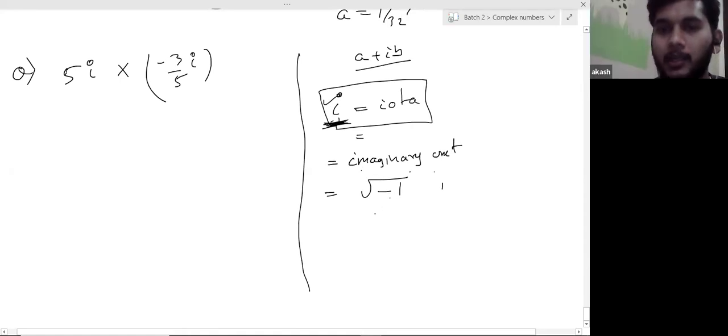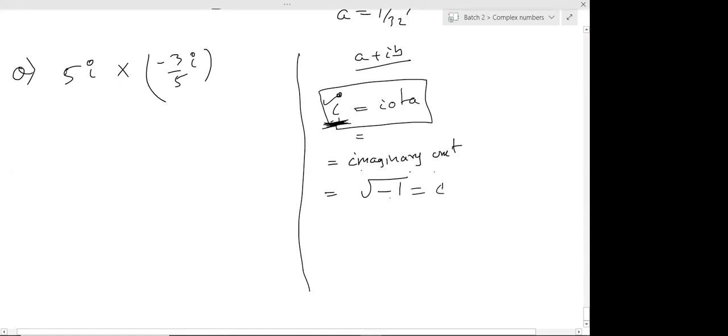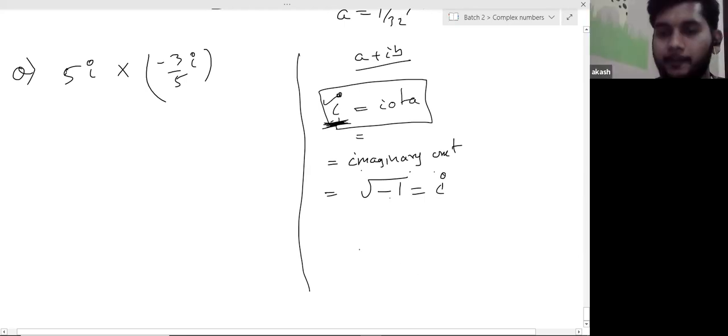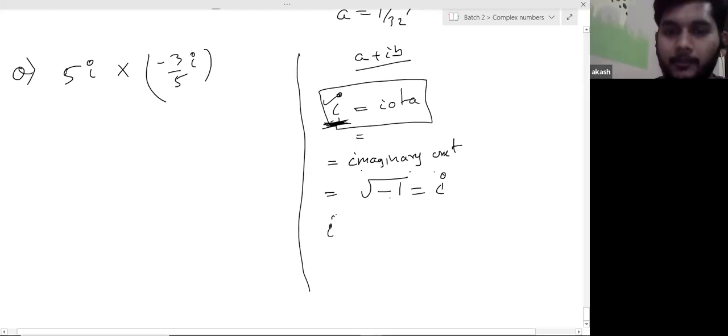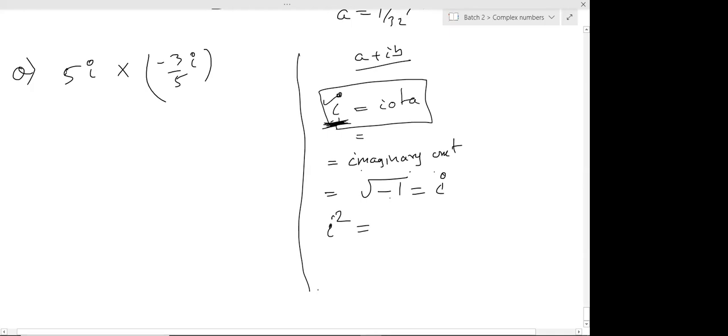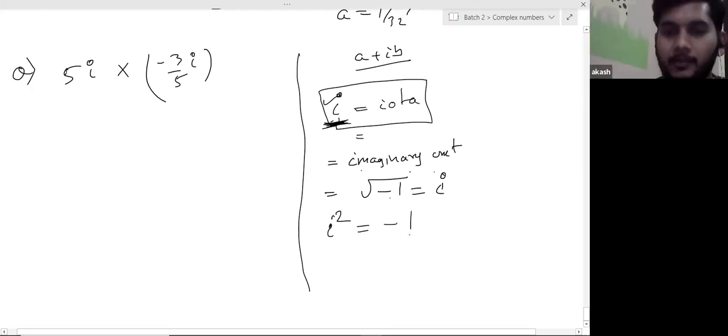The value is under root -1. This is known as iota. All right. And what else, Atisha? The value of i square is -1. Absolutely right.